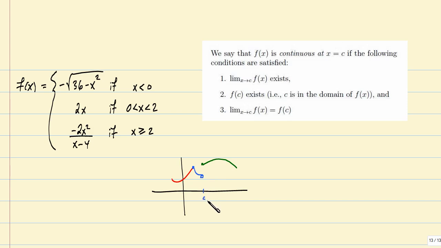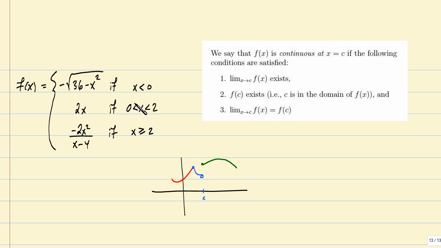If we were looking at this particular value of c, for example, we would see that the left limiting height and the right limiting height disagree. Of course, if the two one-sided limits disagree, then the overall limit as x approaches c fails to exist, and we have a gap discontinuity.